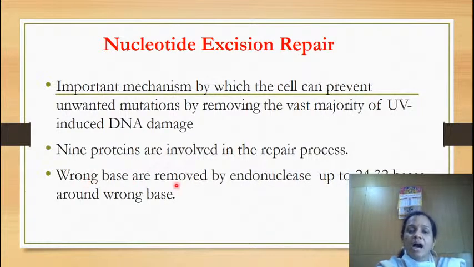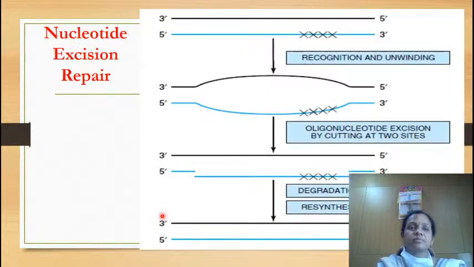Wrong bases are removed by endonucleases, 24 to 32 bases around the wrong base. So exactly the wrong base that is present is not removed; 24 to 32 bases around it are removed.